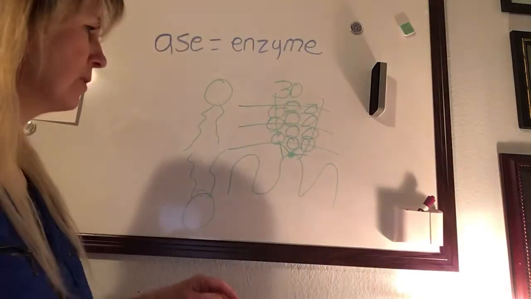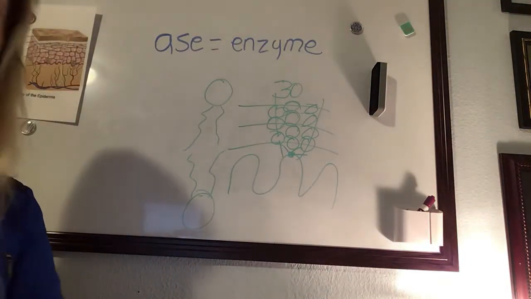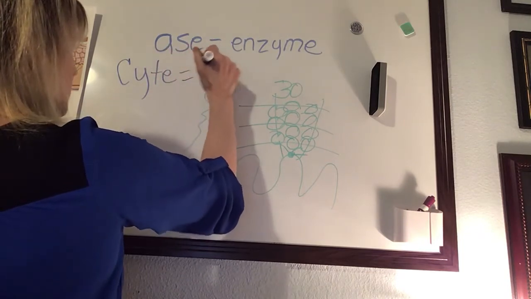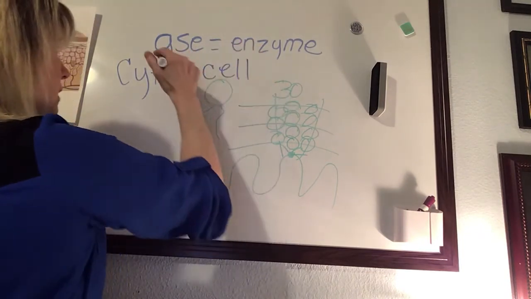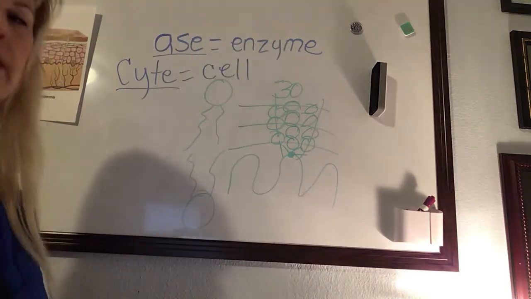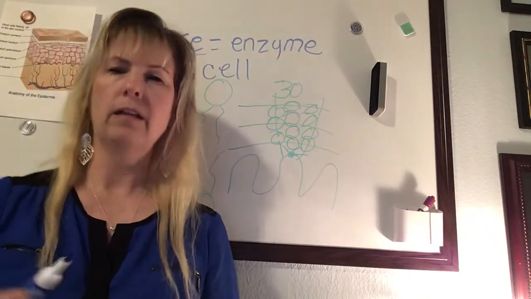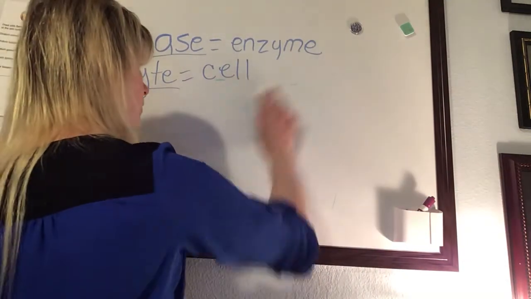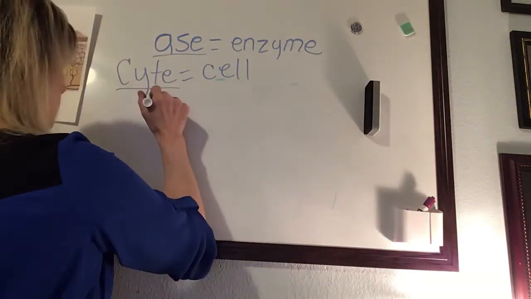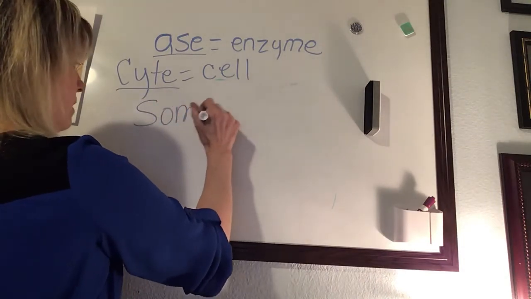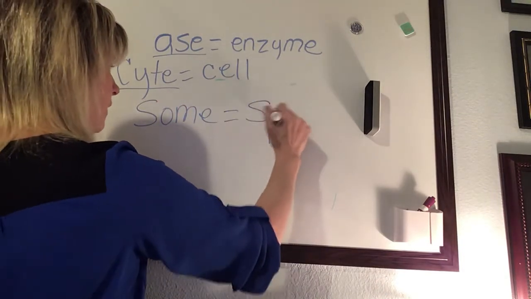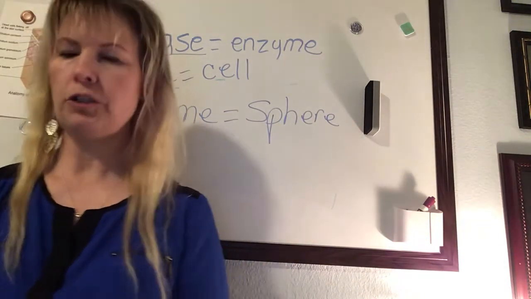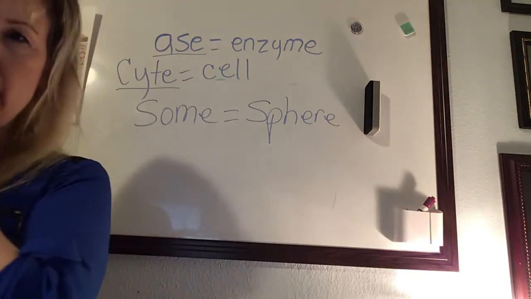I'm going to write this term down for you: melanocytes. Remember, -ase means enzyme, -cyte means cell, and -some means sphere. So there are some terms there that I want you to remember.